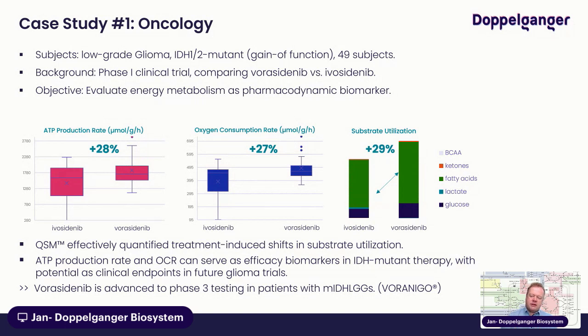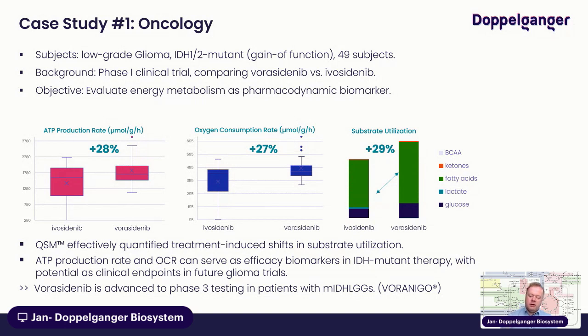So here we can see that QSM can effectively monitor a treatment-induced shift in substrate utilization in the patient. And here we can use ATP production rate and oxygen consumption rate as efficacy biomarkers, basically as PK biomarkers that have the potential to be used as a clinical endpoint in future glioma trials.